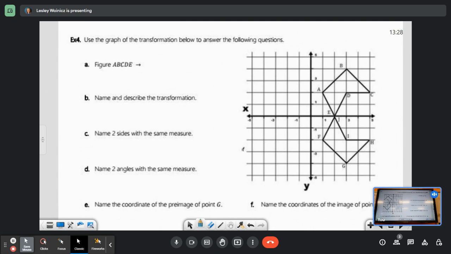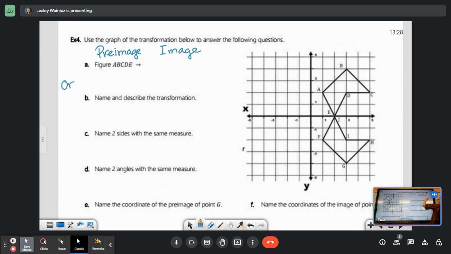Okay, here we have figure ABCDE, and we have to use the graph of the transformation to answer these questions. So this is our pre-image, and we have to find the image. This is the important thing you need to remember, so write this down.